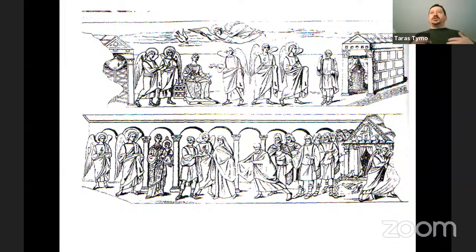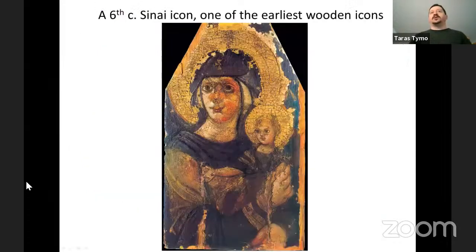And so she's giving the child and pointing towards the child, and at the same time she's welcoming those who want to bring gifts to the child or pay homage to the child. So mark this two-way movement, because it will be visible on all later Marian icons of Hodegetria.